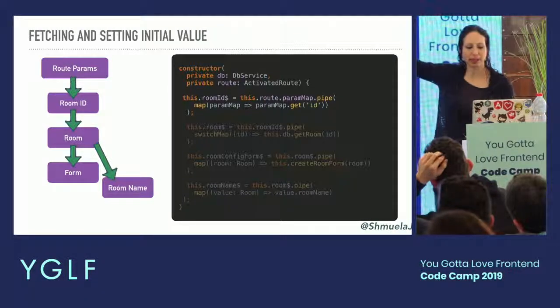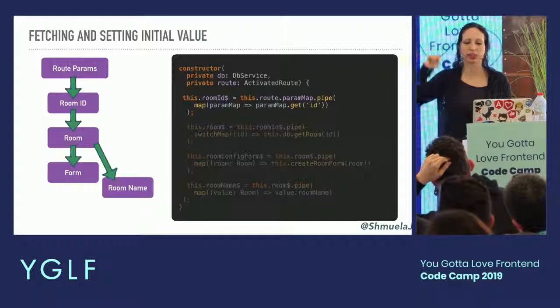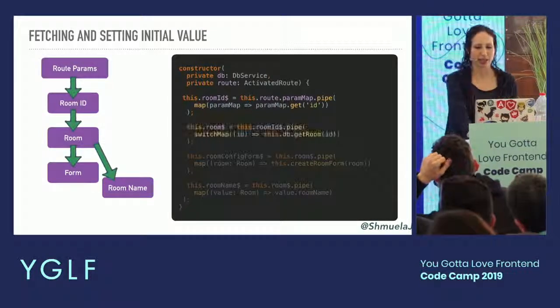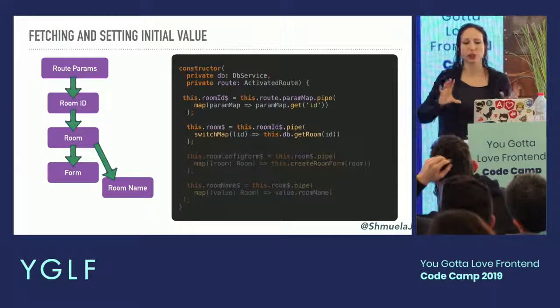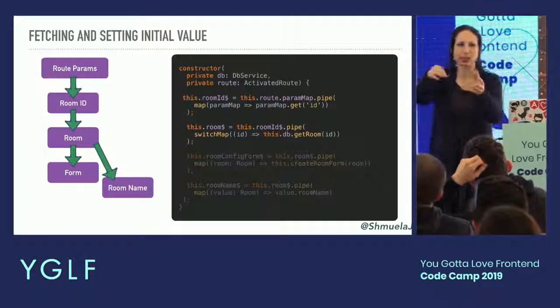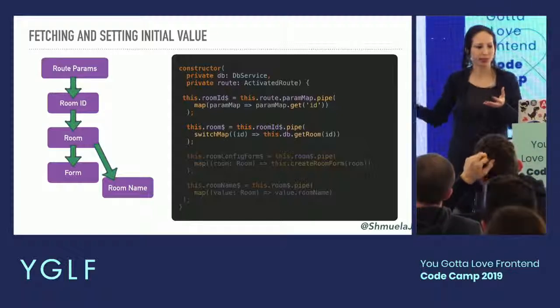So we have the param map, and we just have to map it to just fetch the room ID only. Maybe we have other parameters there. Then we get the room data. So now we need to switch map, because before that we just had a value and we had to take something out of this value. So that was a regular map.